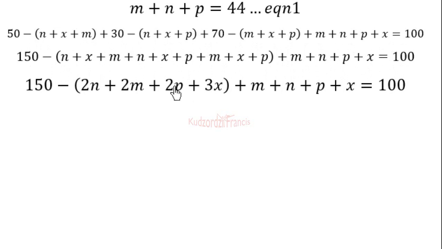So we now subtract. We know that m minus 2, n minus 2n will give us -n. Then m minus 2m will also give us -m. p minus 2p will also give us -p. Then we have x minus 3x will give us -2x.